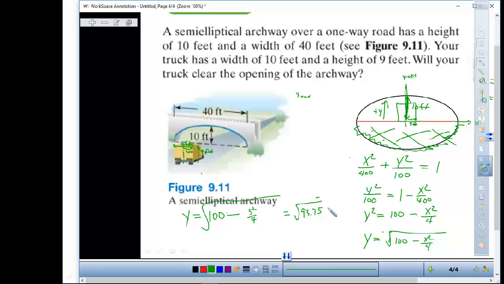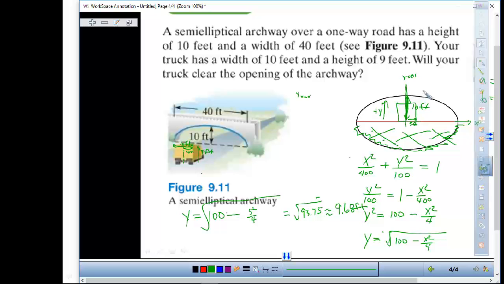All right, and then we find out what that is, and that is going to be 9.68. And that should be an approximate value. All right, so 9.68 feet.